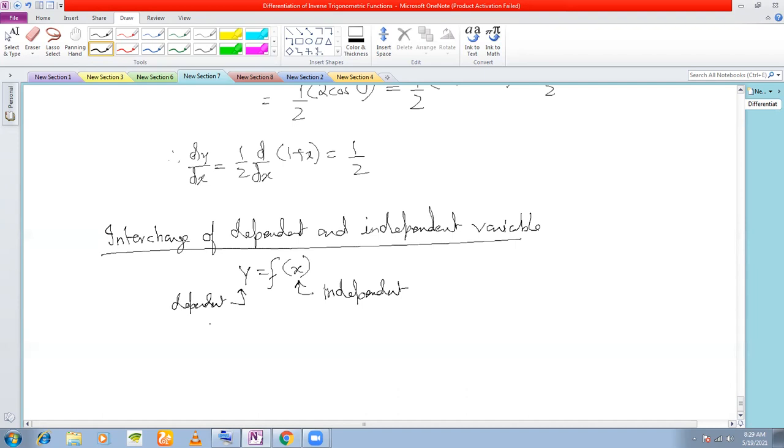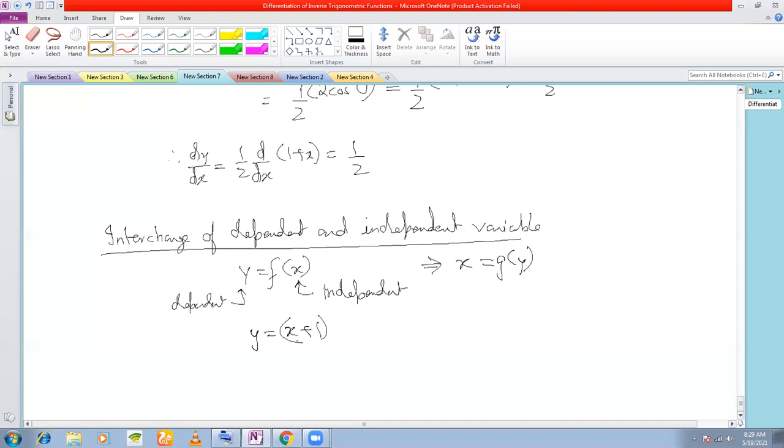Okay. So if I have y is equal to f(x), then I can also make x the dependent variable by writing x is equal to say g(y), right? Example here, let's say I take a function y is equal to x plus 1.